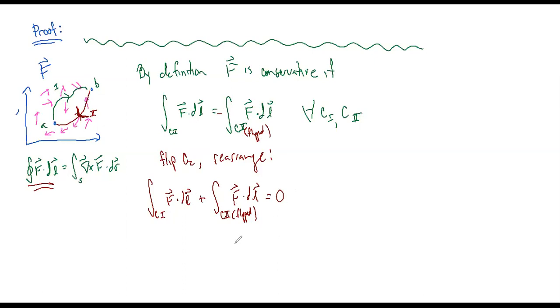So in a different way, and this is literally just the definition of a conservative force, this is true for all loops. So if the closed line integral is 0 for every loop that you can dream up, then it's also a conservative force.